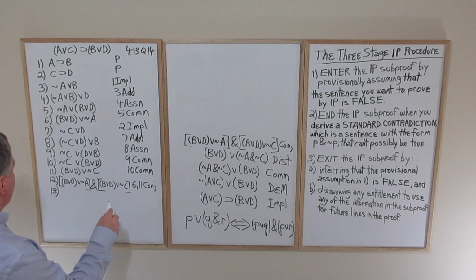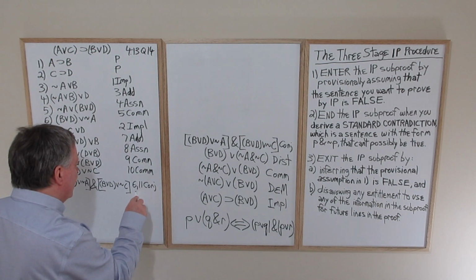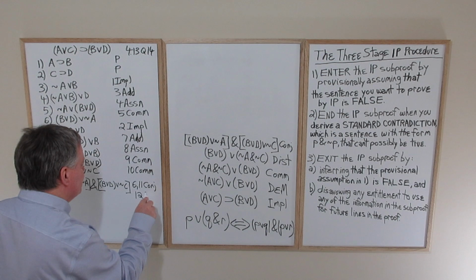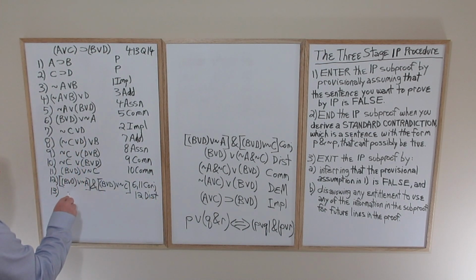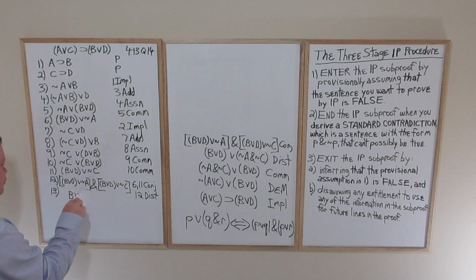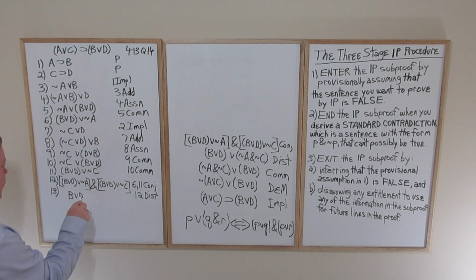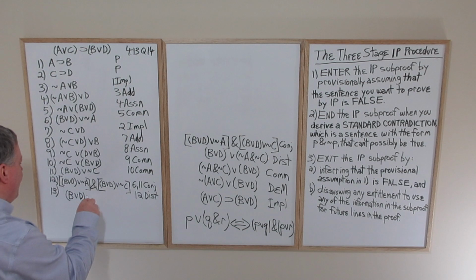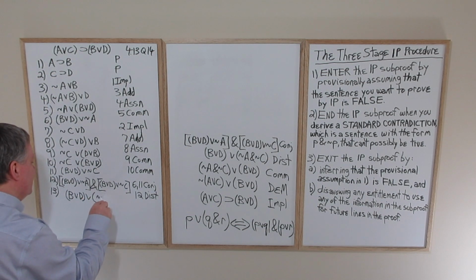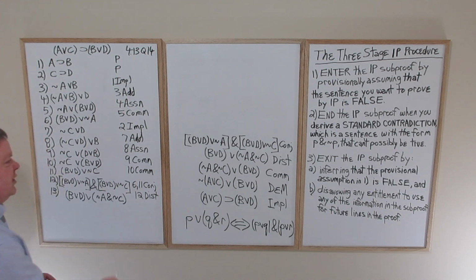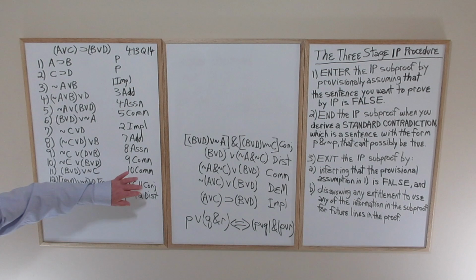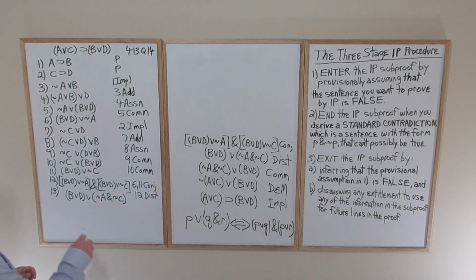Now we do a distribution on line 12 to get B or D or tilde A and tilde C. Here we could do the commutation first, or the De Morgan on part of the line first.